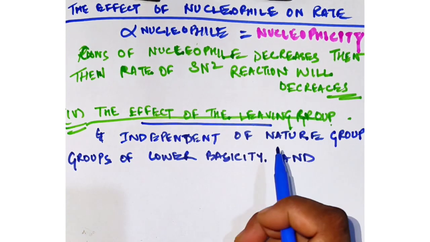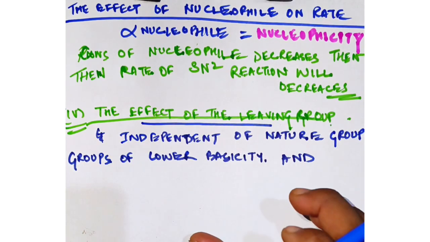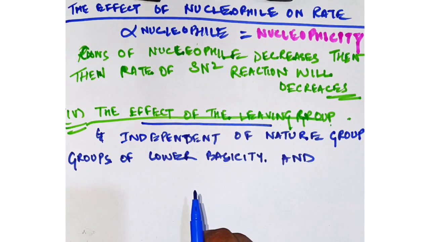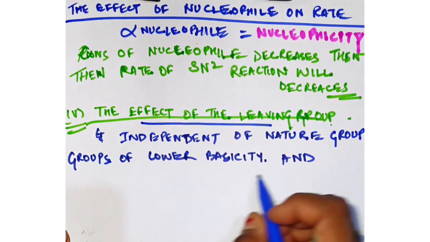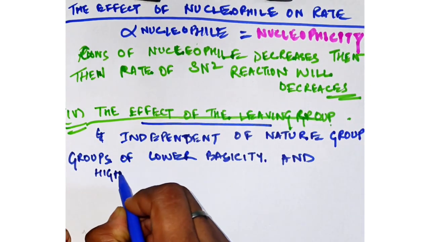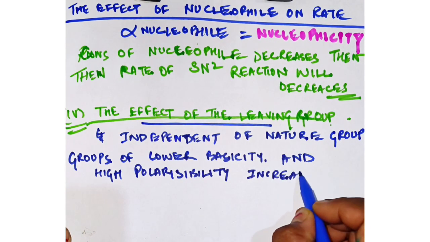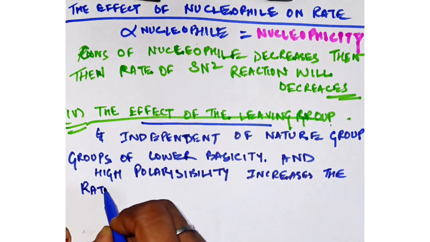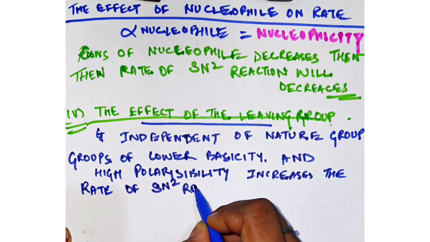Basicity means the tendency to give the electrons and go out of the reaction, not forming a bond. Whereas someone which is a good nucleophile will go and make the bond, and it will share the electrons rather than just giving them. So groups of lower basicity and high polarizability increase the rate of your SN2 reaction.